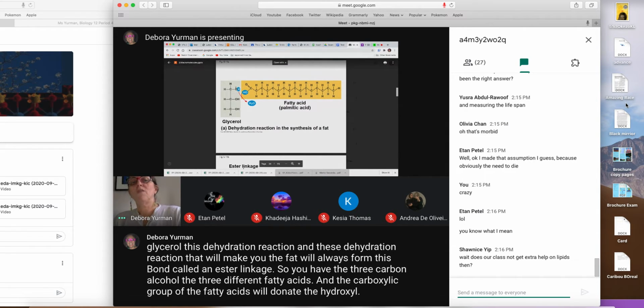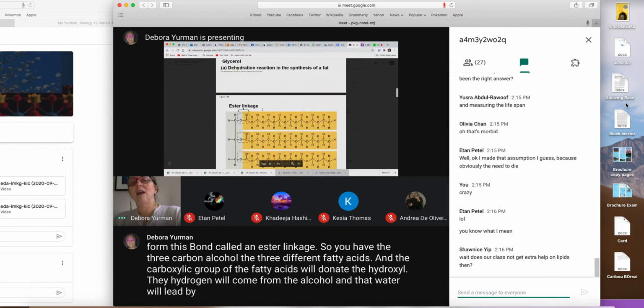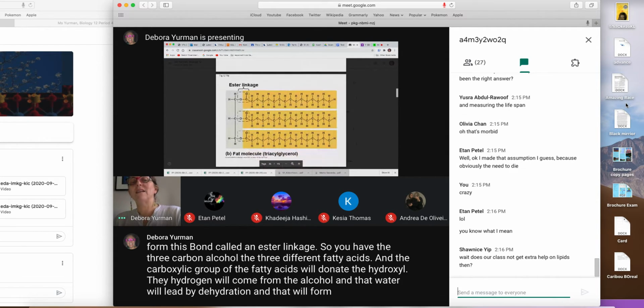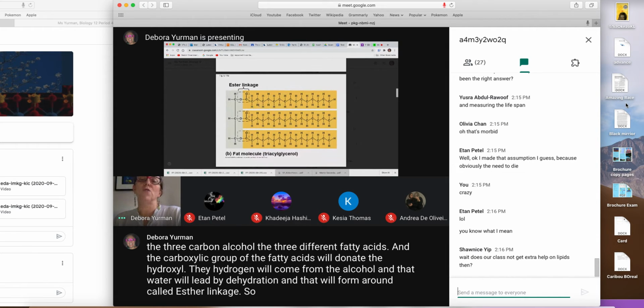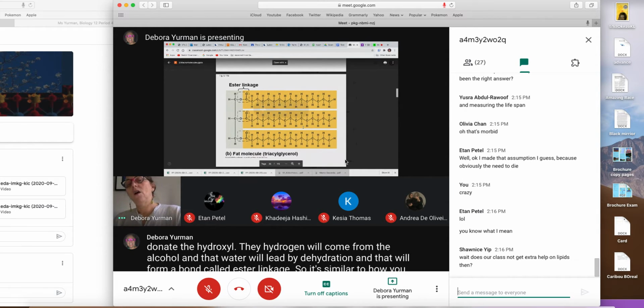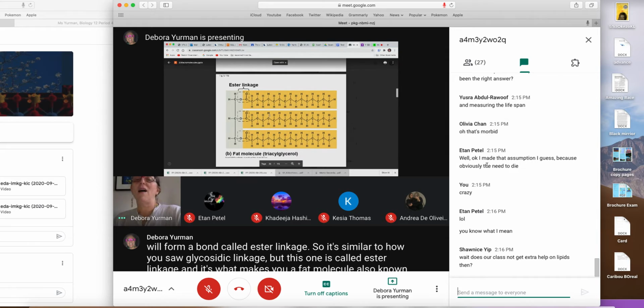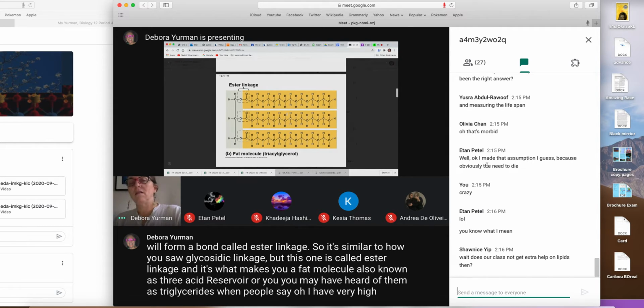The hydrogen will come from the alcohol, and that water will leave by dehydration, and that will form a bond called ester linkage. It's similar to the glycosidic linkage you saw, but this one is called ester linkage, and it's what makes you a fat molecule, also known as 3-acylglycerol, or triglycerides, as in when people say, oh, I have very high triglycerides.